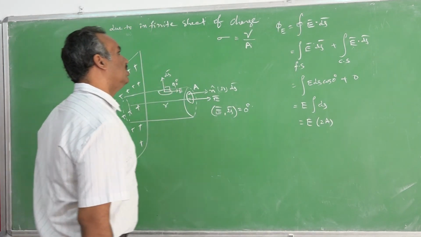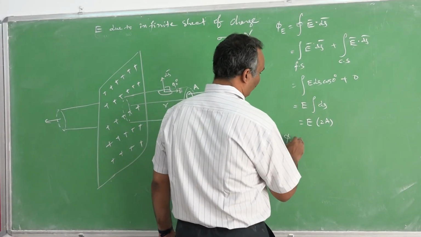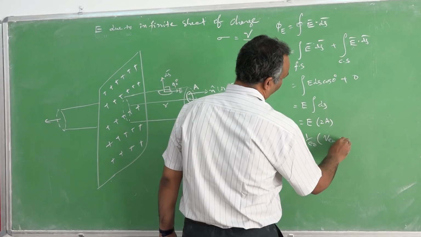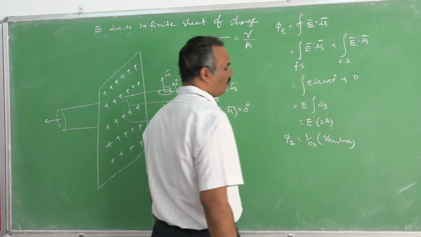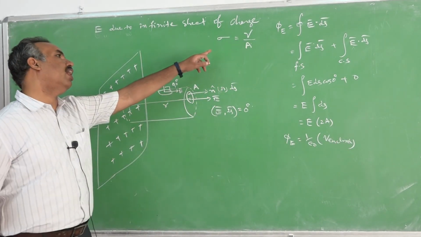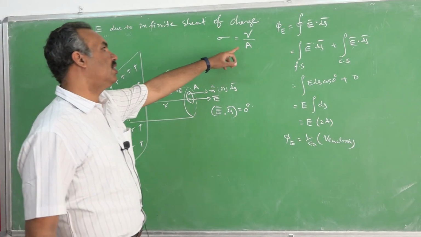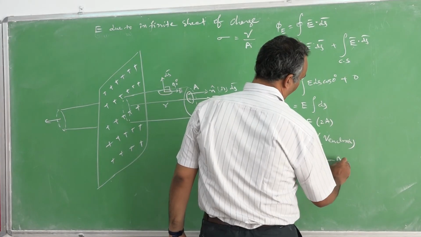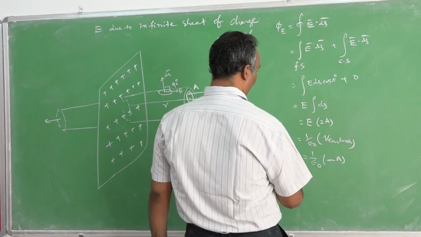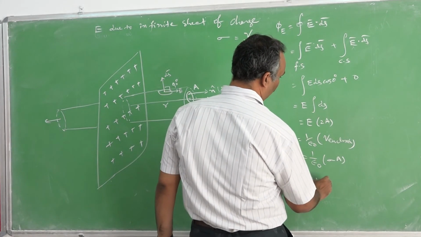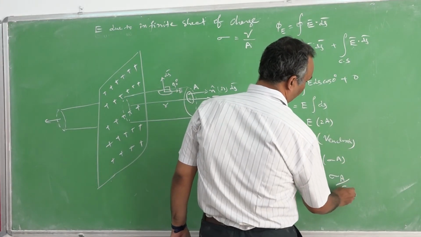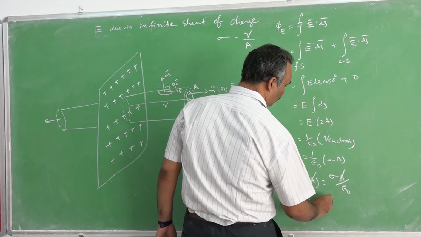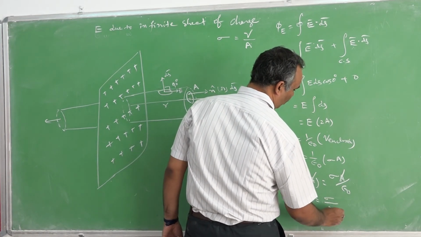But as per Gauss law, electric flux is 1 by epsilon naught times Q enclosed. Here per unit area, sigma is the charge available. Per A area, sigma A is the charge available. As both represent the same, E into 2A must be equal to sigma A by epsilon naught. A gets cancelled, E is equal to sigma by 2 epsilon naught.